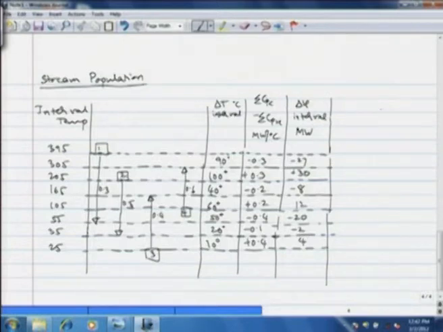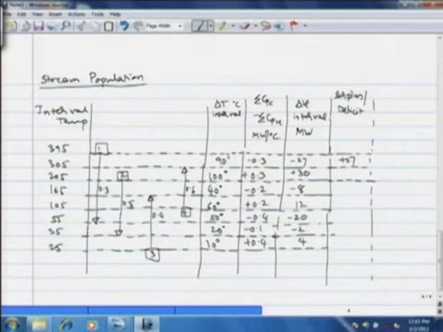And now we have to determine whether we have a supply or deficit of the heat in that particular interval. Negative delta H means there is surplus heat, and positive delta H means there is deficit of it. So in the first interval we have excess, so it is plus 27.